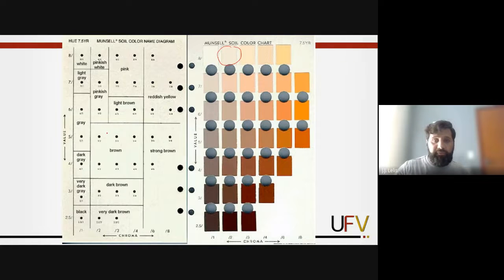Another piece of information that's important is distinguishing the minerals that we can find in soil. If I find a soil that's 10R, 10 red, we have a lot of hematite, an iron oxide.